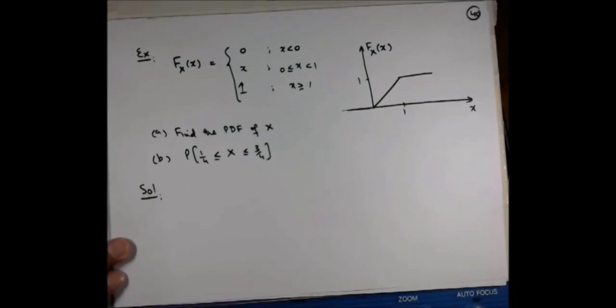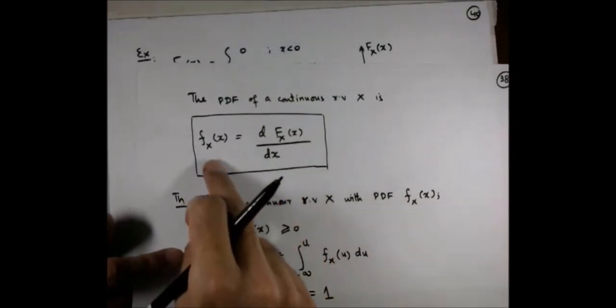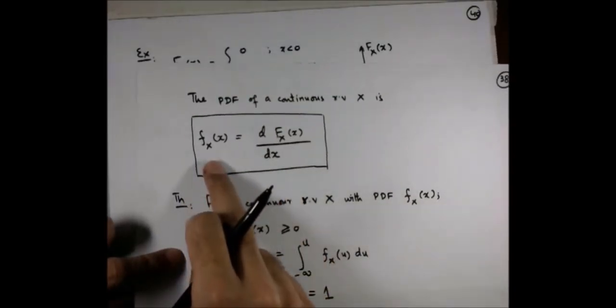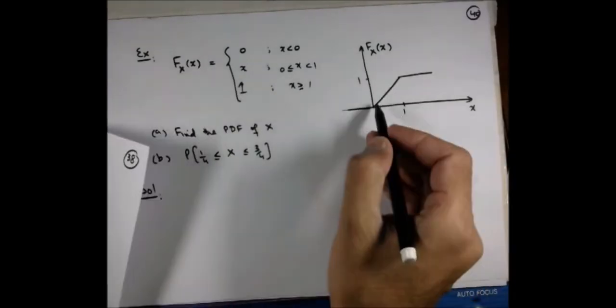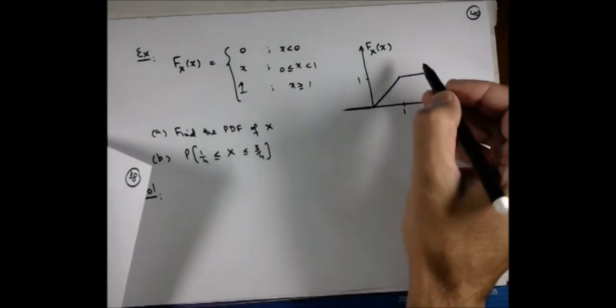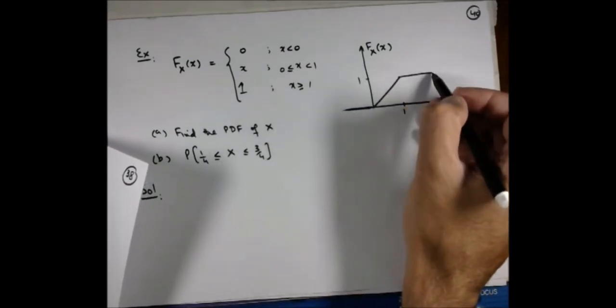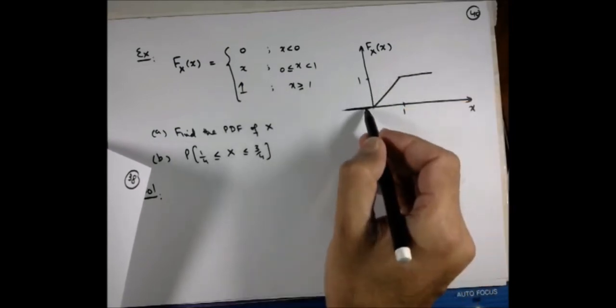If you have the CDF available, you can always find the probability density function from the CDF by simply differentiating it. So if you differentiate this CDF, here it is a constant, here it is a constant. So the derivative of a constant is 0 here and 0 here.